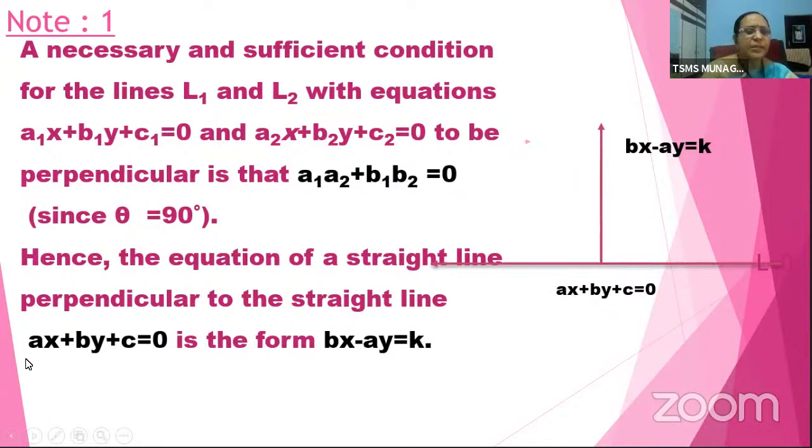That is the change here. A is going to become B and B is going to become A, and the sign of the second term is going to be negative. This will help you to calculate faster the equation of a straight line which is perpendicular to the given straight line in the standard form.